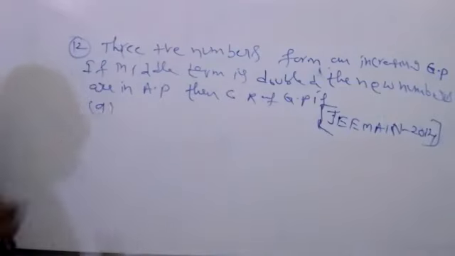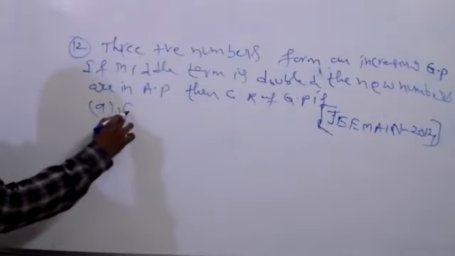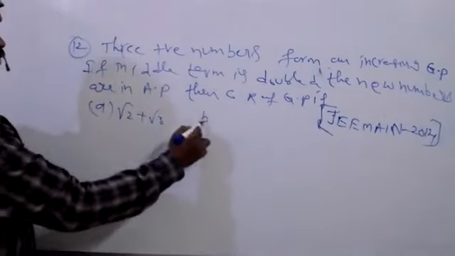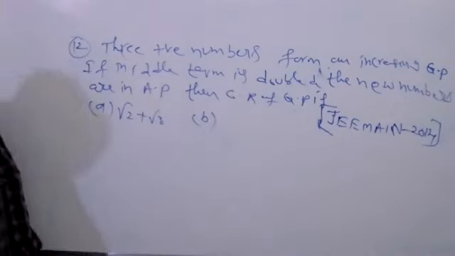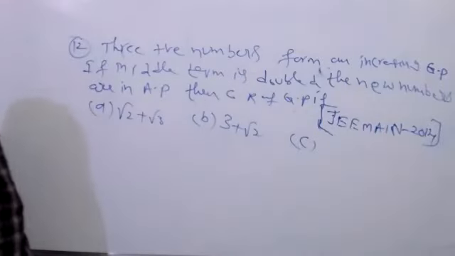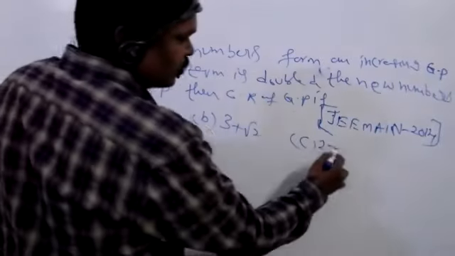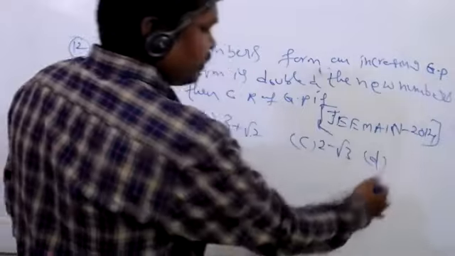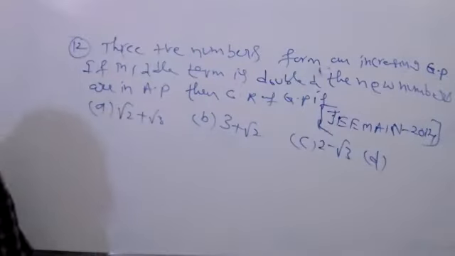Option A: √2 plus √3. Option B: 3 plus √2. Option C: 2 minus √3. Option D: 2 plus √3.